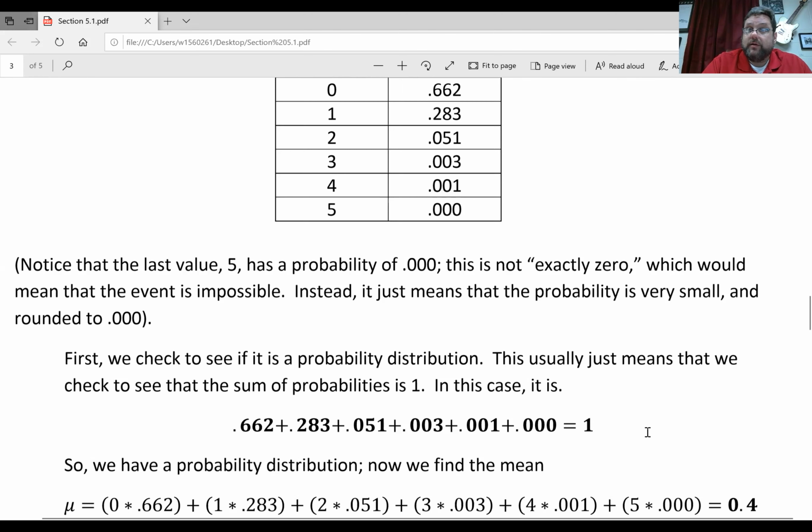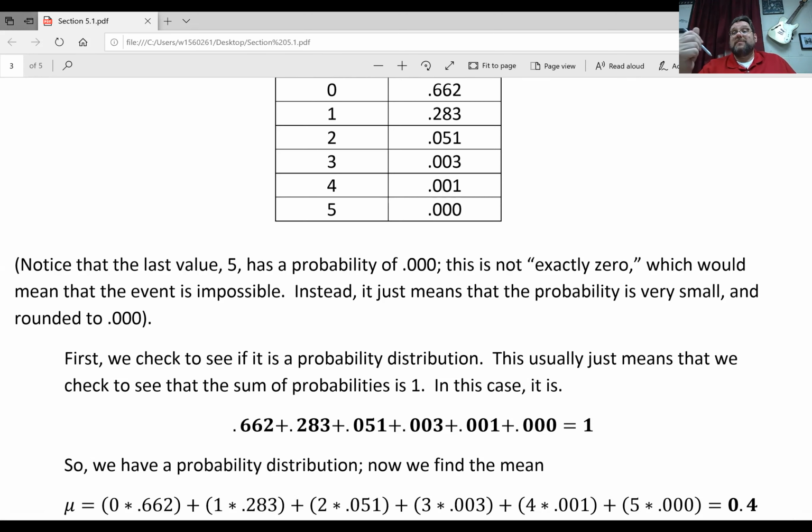Here we are. 3 times 0.003. 4 times 0.001. 5 times 0.000. All right. And I did this in my calculator. I added all those up. And when I did the multiplications and added, I got 0.4. And that is my mean.